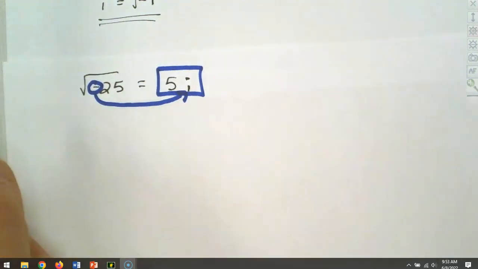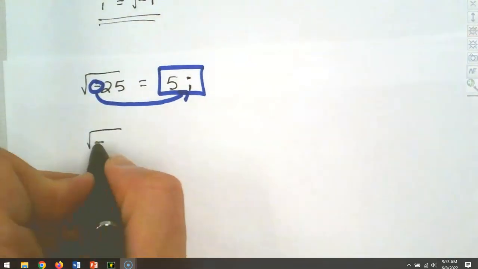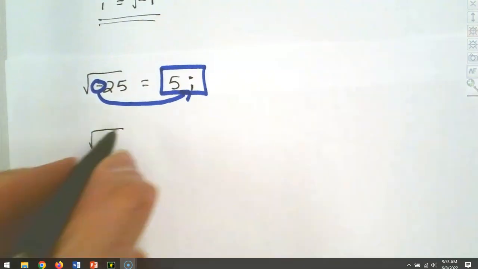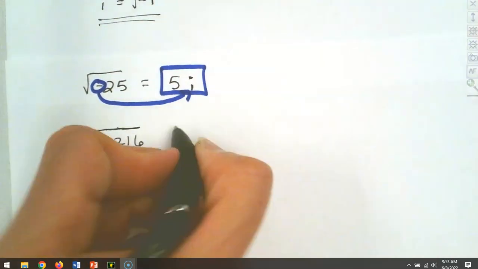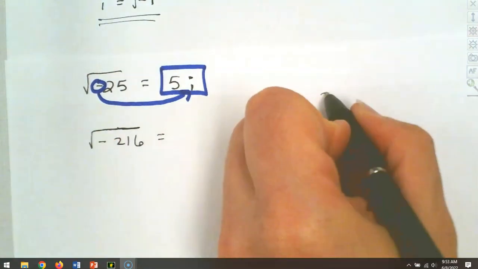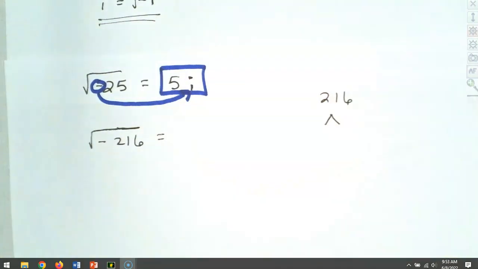Let's do two more of these. Let's look at the square root of minus 216. We're going to take our 216 and break it down. Again, you can break down 216 however you would like. It is an even number, so I'm just going to work with a 2.